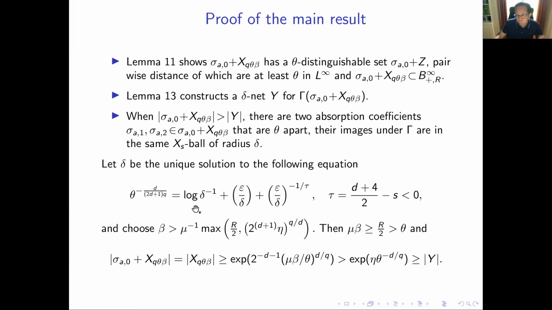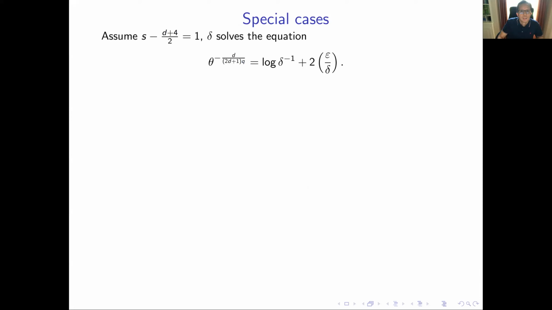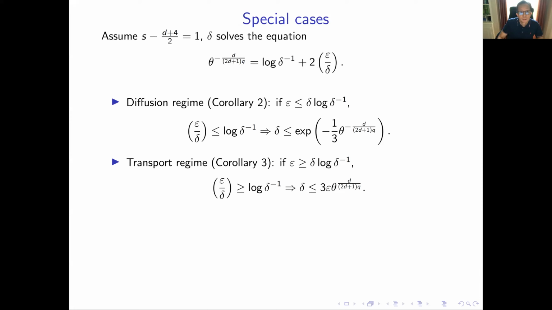Okay, so that's basically this logic. And you just solve this equation, you recover the statement from the beginning, the corollary, when epsilon is smaller than this. And you solve this, you know, delta depends on sigma, theta. Okay, so the perturbation.